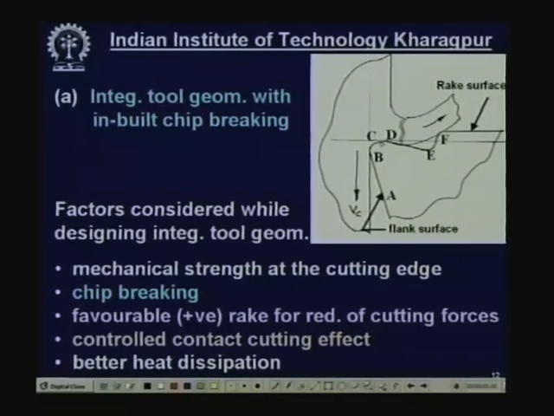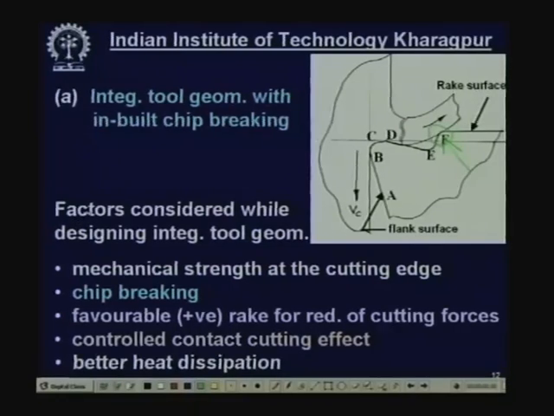Here, this is the rake surface of the tool, and we make a groove. This groove, a tilted V groove, is created for breaking the chip. This is the heel portion, F, that exerts a force, and the chip is forced to bend further, and because of the stress it will break.